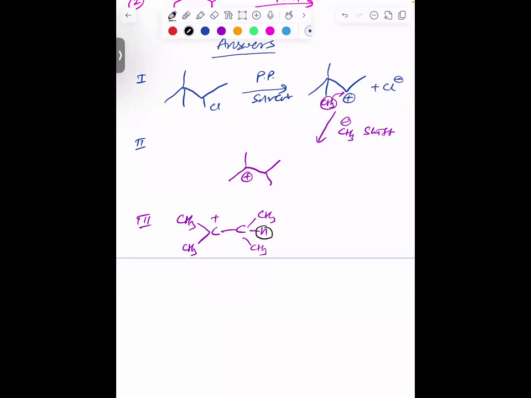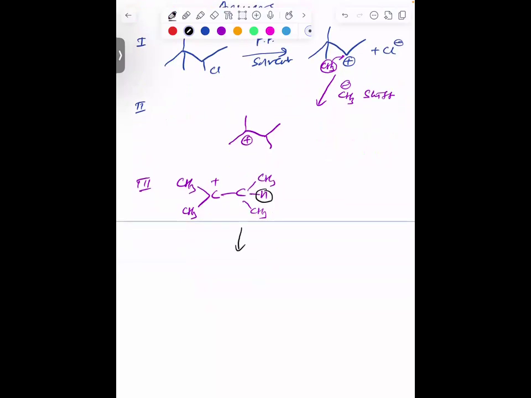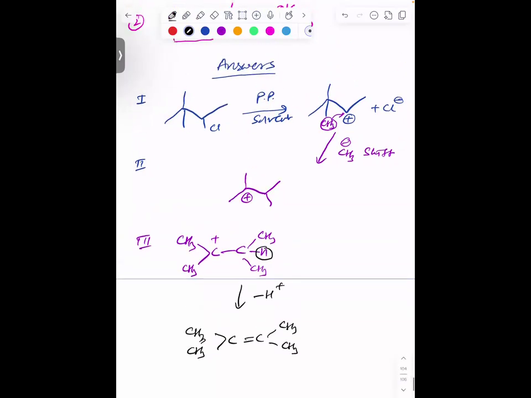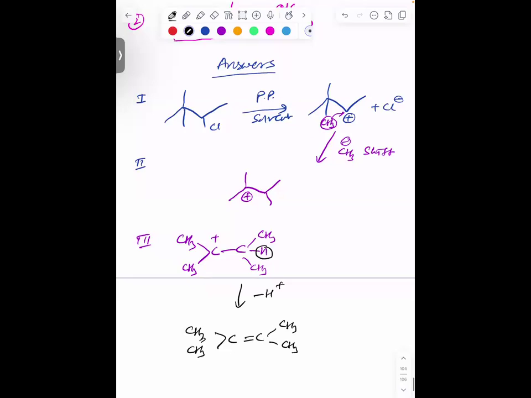If that hydrogen is released in the form of H plus, then an alkene will be formed. So this is the alkene. And this alkene is stabilized by the Saytzeff rule, because if you see how many hyperconjugated hydrogen atoms are present, 12, or 4 alkyl groups are present across the double bonded carbon.